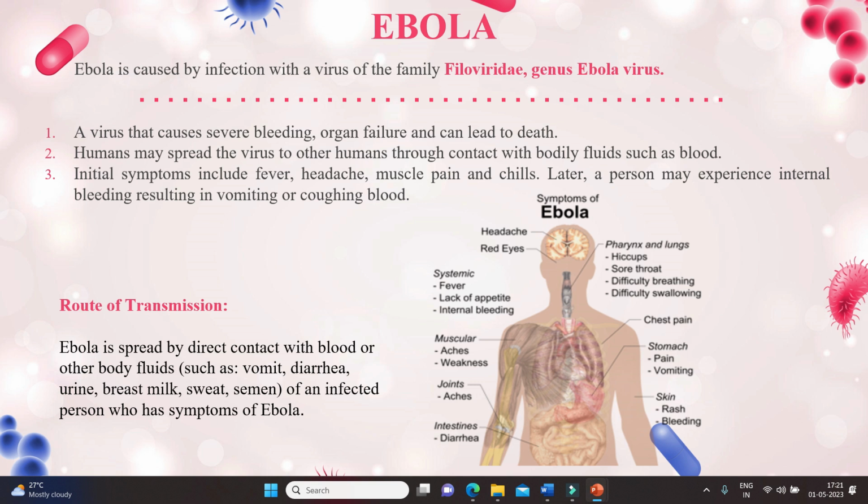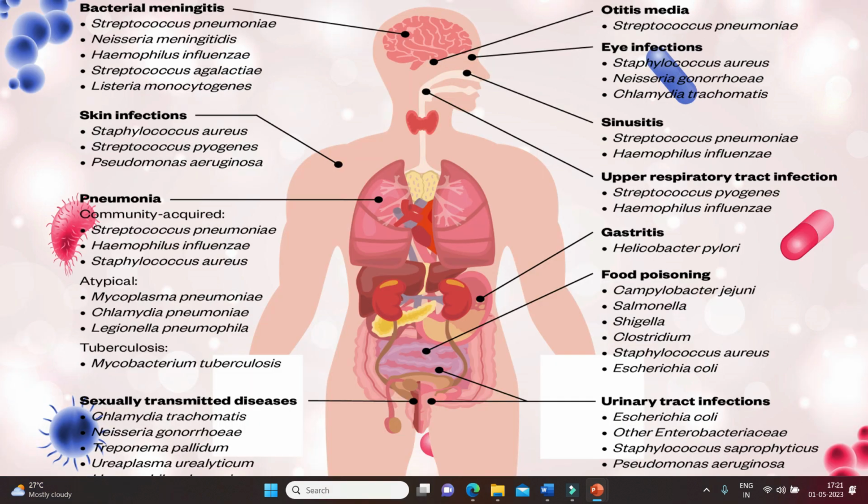Sexually transmitted diseases are caused by Chlamydia trachomatis and Neisseria gonorrhoeae, and eye infections are caused by Staphylococcus aureus and Neisseria gonorrhoeae. Sinusitis is caused by Streptococcus pneumoniae and Haemophilus influenzae, and gastritis is caused by Helicobacter pylori.